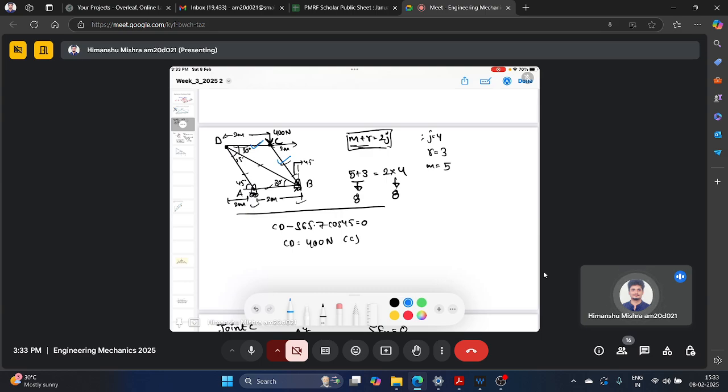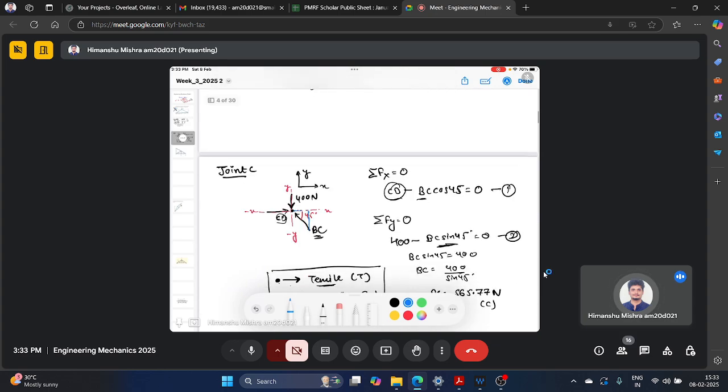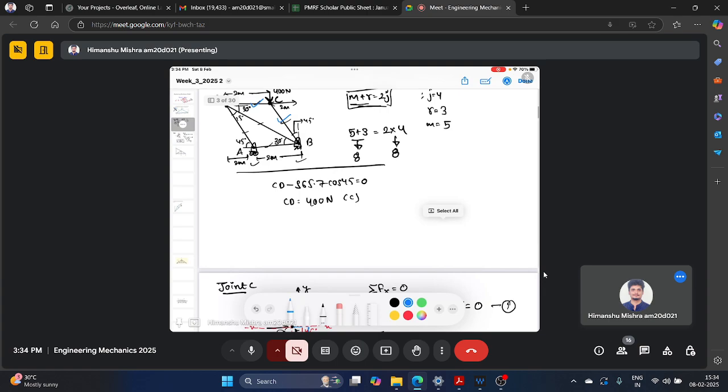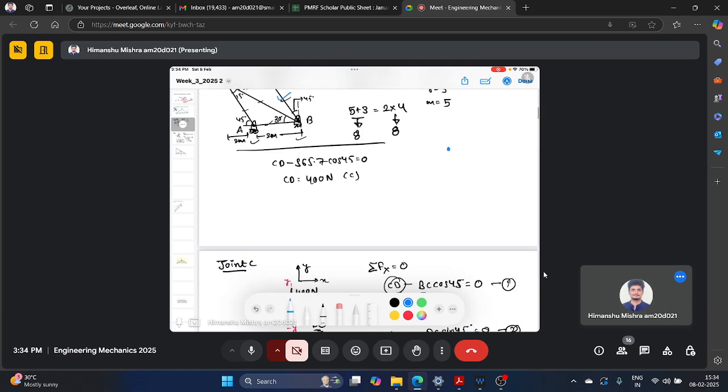Now we can consider the joint D, let's say, and we will follow the same steps. So first, let me make a free body diagram. So this is my joint D. This is CD.